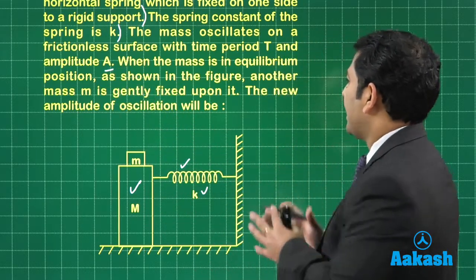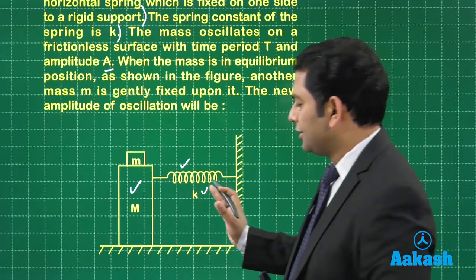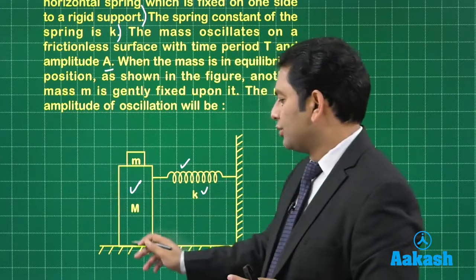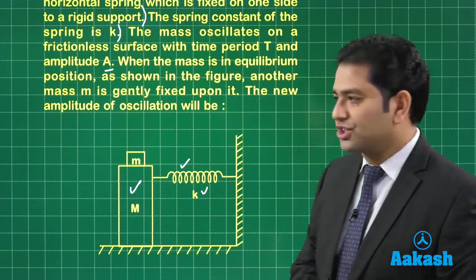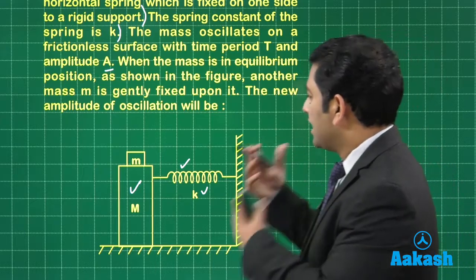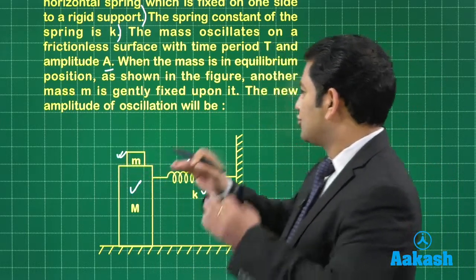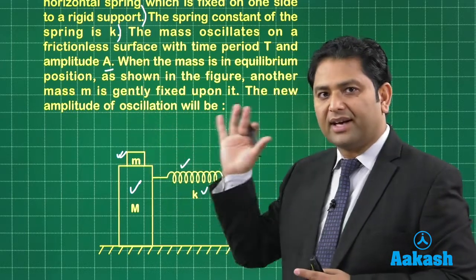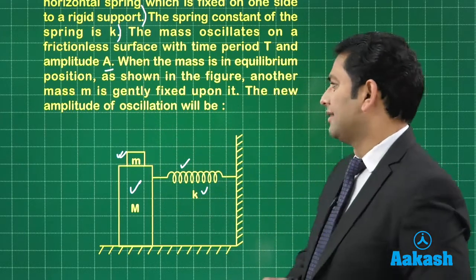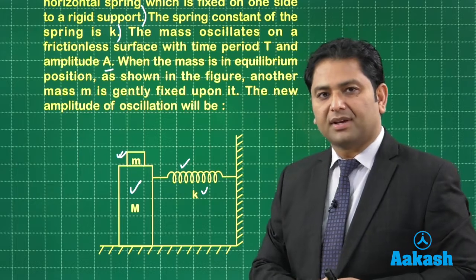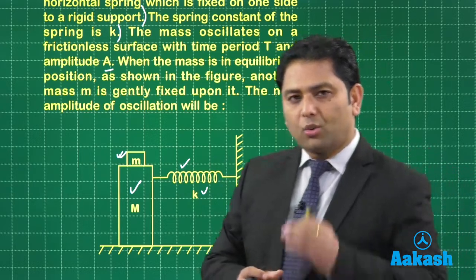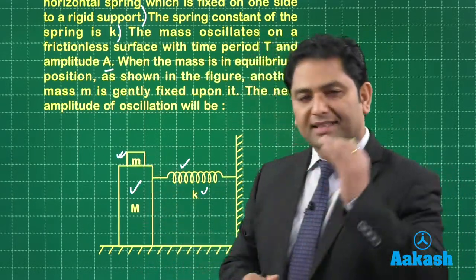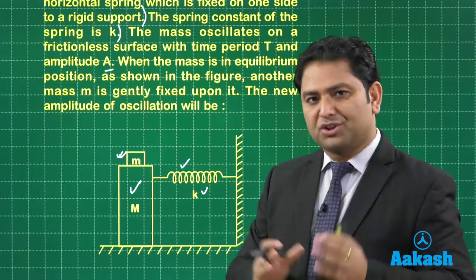Now when that mass is in equilibrium during the course of oscillation, when it passes the equilibrium position, another mass small m is gently fixed upon it, very gently, all right? Now we have to calculate the new amplitude. Now if you see here, where is that little mass added? At the mean position.